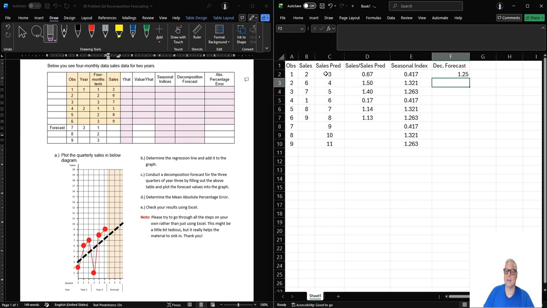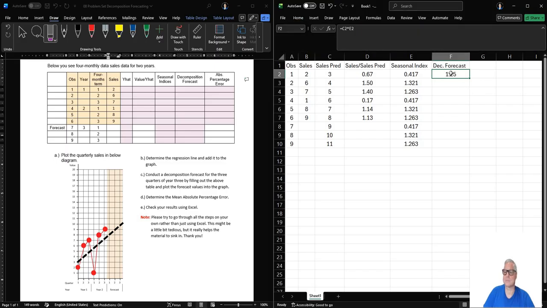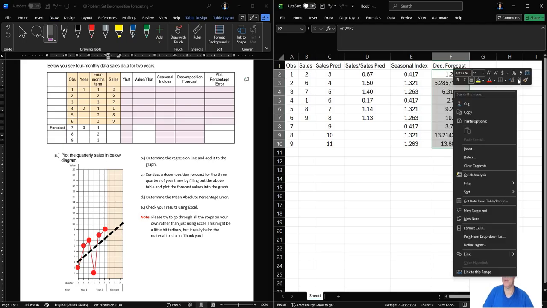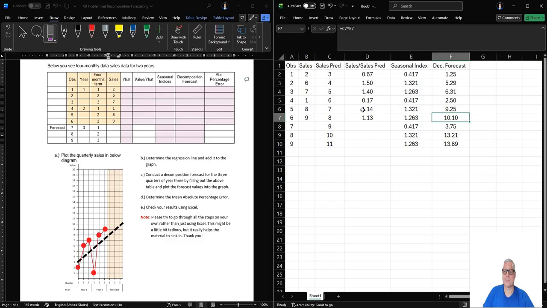Okay, so the trend line would predict 3, but the seasonal index brought it down to 1.25. Okay, now I just can copy this down. Let's remove some decimals again. Okay, 3 is enough. And so now let's take a look at it.